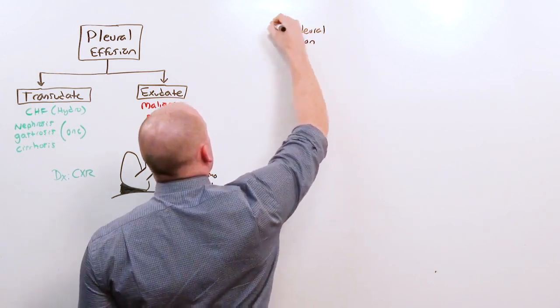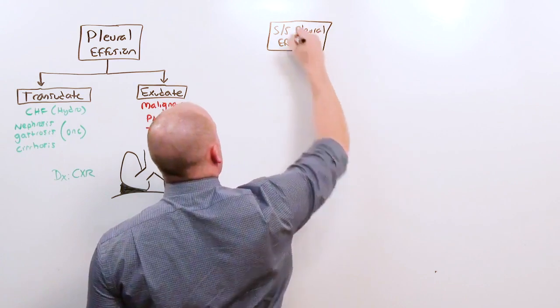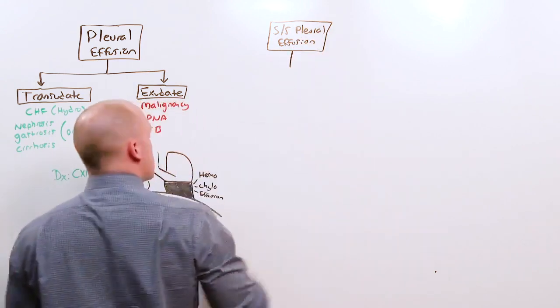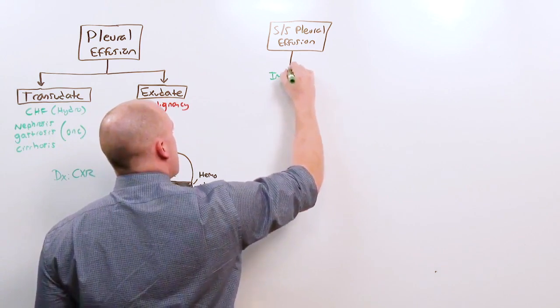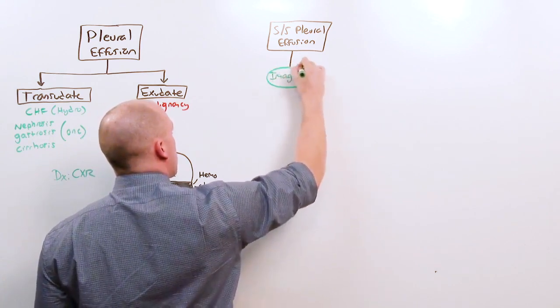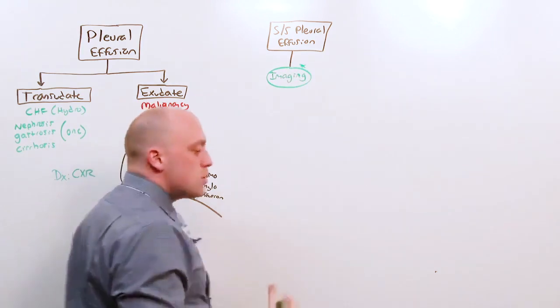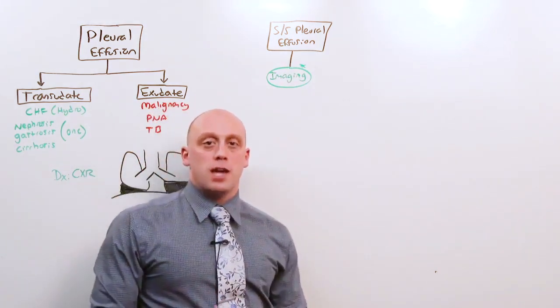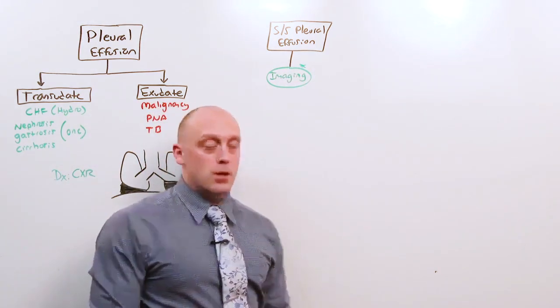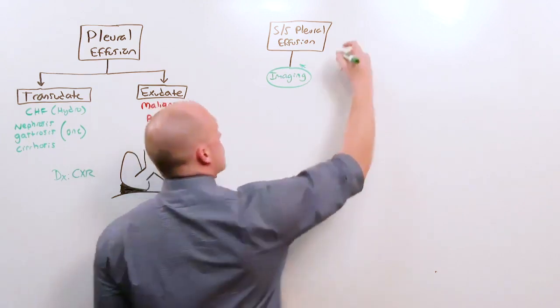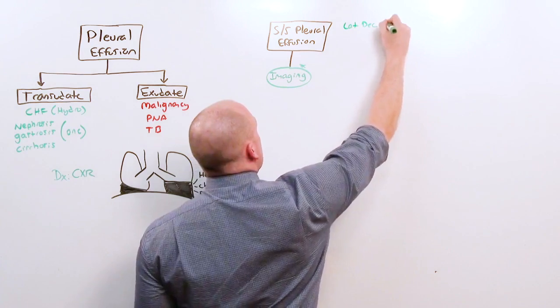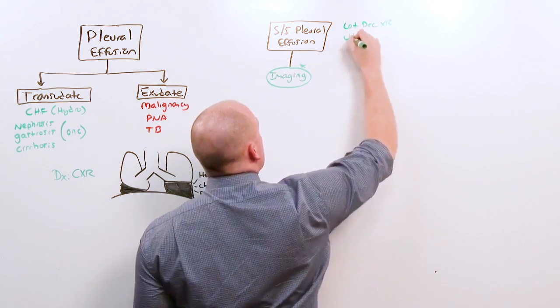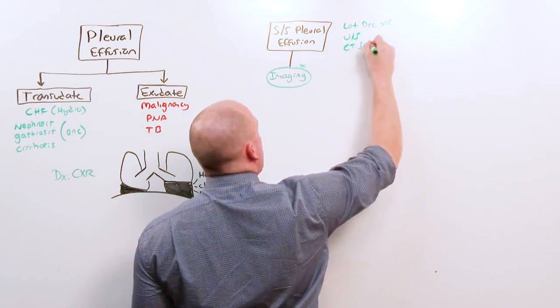What do you do once you diagnose one on chest x-ray? The first thing you're going to do is get some imaging. Now this used to be very clearly an x-ray. But I'm calling it imaging now because there are different modalities you can use. And there are three. The modalities you can use are going to be a lateral decubitus x-ray, ultrasound, or CT scan.